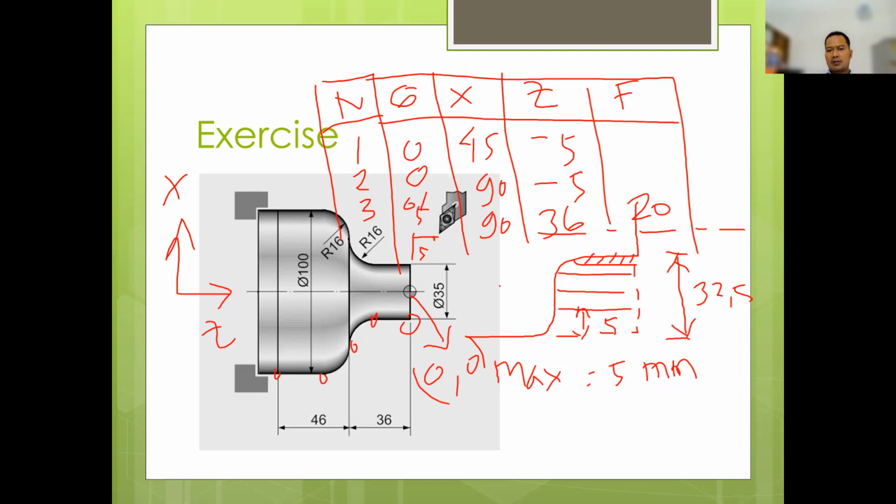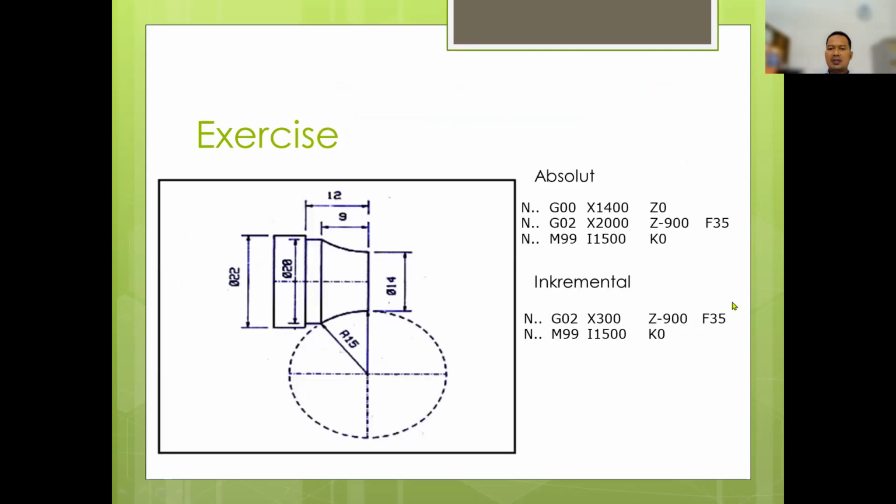So when finishing, you can use G01, G02, and G03. Okay, you can continue with your friends to discuss this problem. And this one we already discussed last week. Okay, we repeat this one.